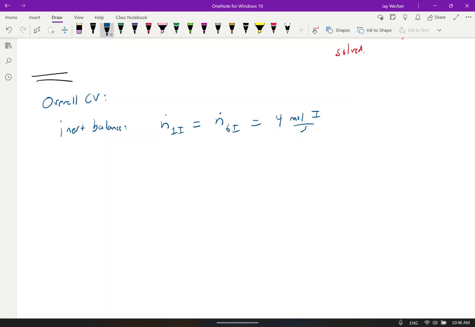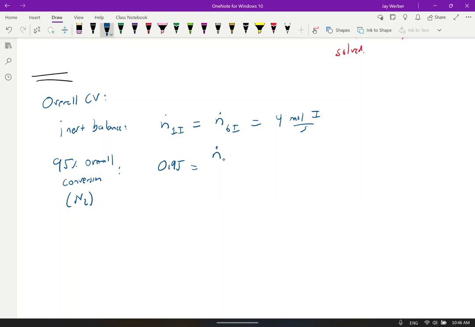Let's use maybe our conversion. So we have 95% overall conversion. So what does this mean? 0.95 is equal to, and this is again for our limiting reagent, which in this case is nitrogen or hydrogen, but we're using nitrogen as the reactant that we're measuring.